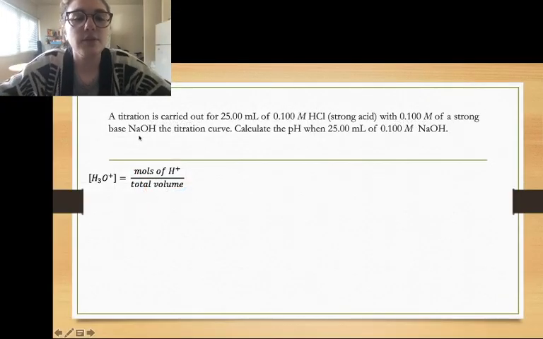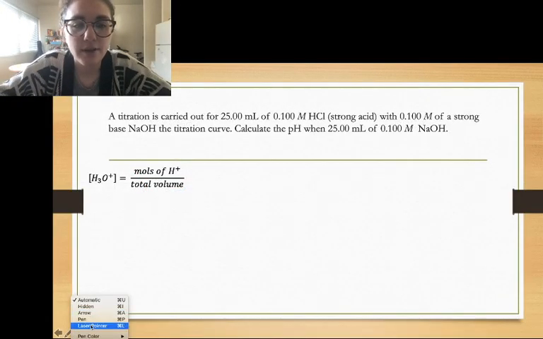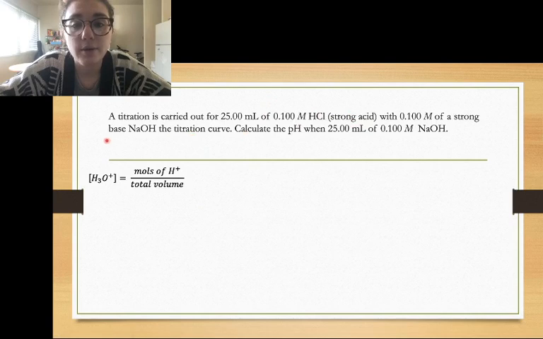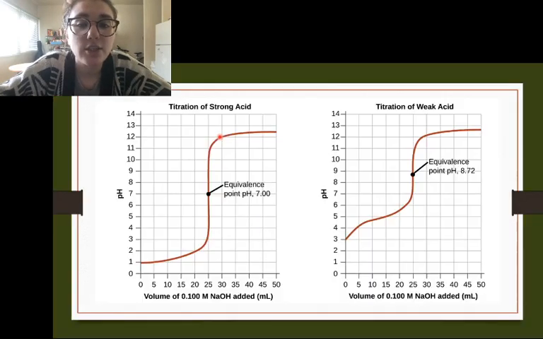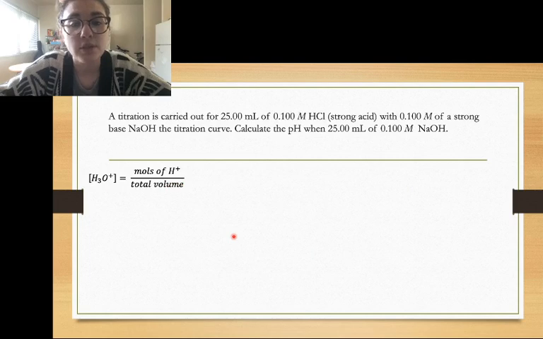Okay, so this is a titration carried out with 25 mL of 0.1 M HCl, a strong acid, and 0.1 molar of a strong base. When I'm calculating the pH, I'm going to be looking at this kind of titration graph where it's a strong acid versus a strong base. I first want to know the concentration of hydronium ions because that's going to tell me my pH.